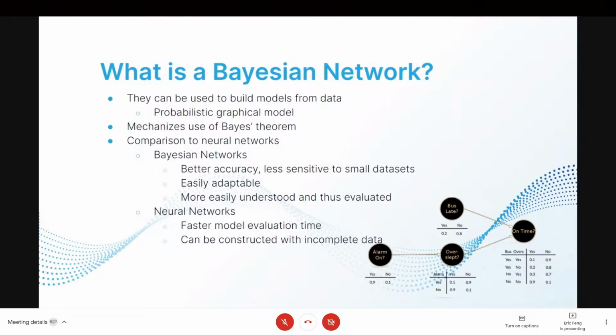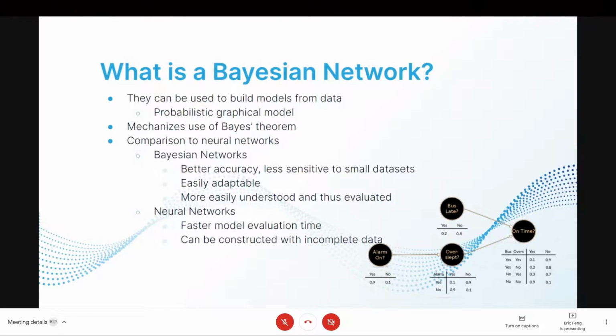It's also easily adaptable, meaning that it's easier to reconstruct it in a different way because the data is already in distributions. It's easier for us to actually create a model from that.